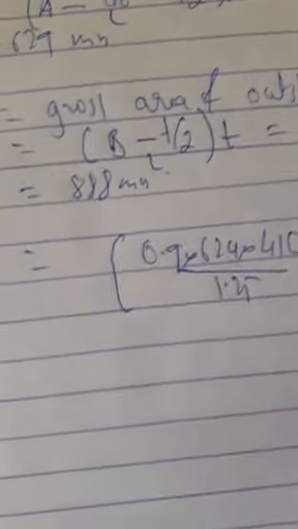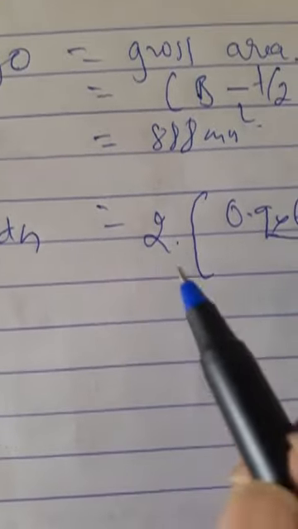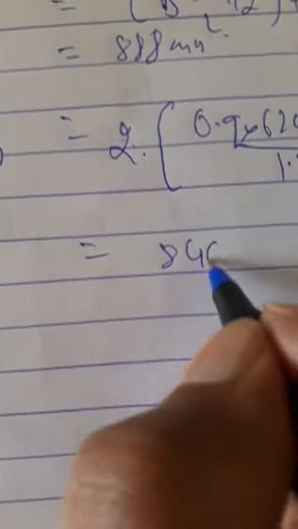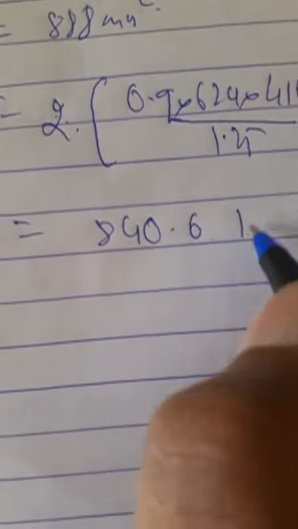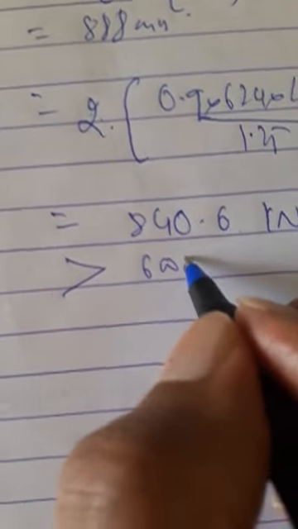Now remember, here there are two angles, hence multiply by 2. This multiplication by 2 is because of the two angles. Substituting all the values, you have the answer 840.6 kilonewtons, which is greater than 600 kilonewtons. Hence okay.